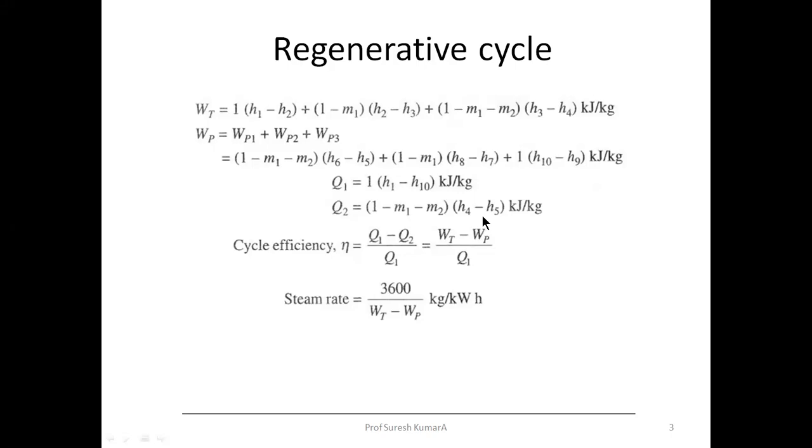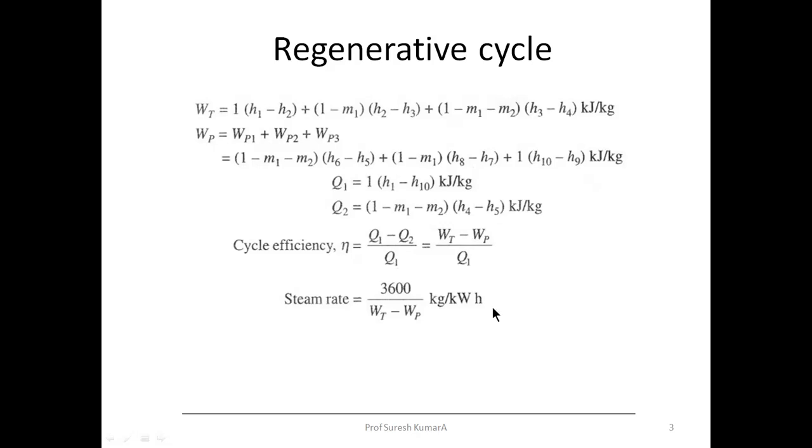When we are writing the difference in enthalpy, you need to note that we always write higher enthalpy minus lower enthalpy. In pump work, the output enthalpy will always be more than the input enthalpy. When I take the turbine work, the input enthalpy will be more than the outlet enthalpy. With this, when I take efficiency, it is the same way: net work divided by heat supplied.